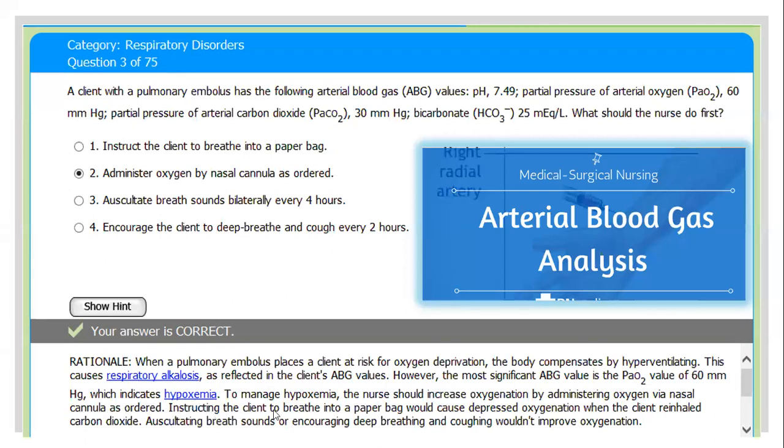Instructing the client to breathe into a paper bag would cause depressed oxygenation when the client re-inhales carbon dioxide. Auscultating breath sounds or encouraging deep breathing or coughing would not improve oxygenation.